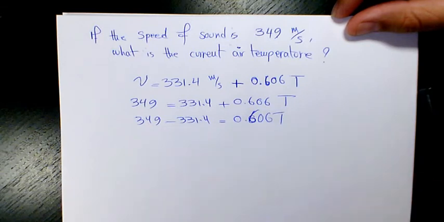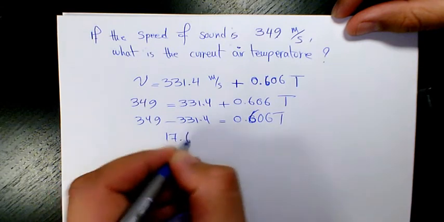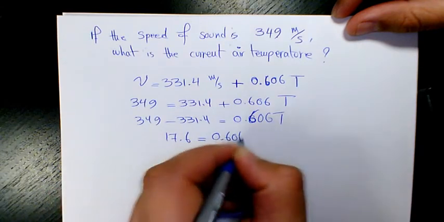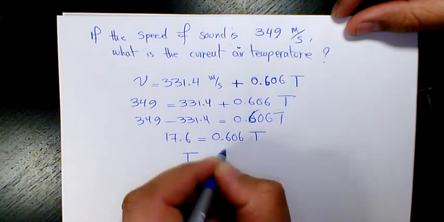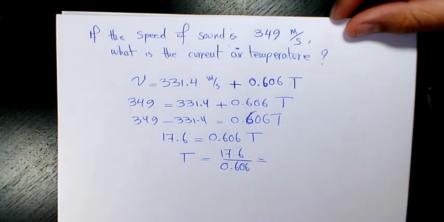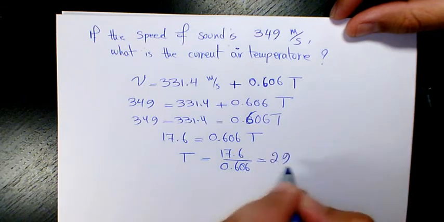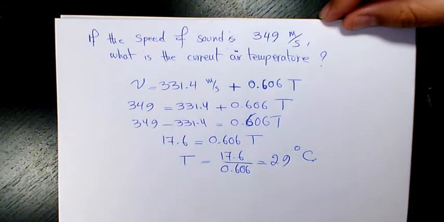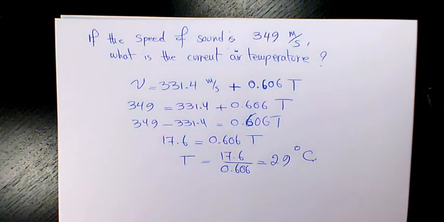Now 349 minus 331.4 is going to be 17.6, equals 0.606 t. So t is going to be 17.6 divided by 0.606. It's going to be 29 degrees. So the temperature is 29 degrees.